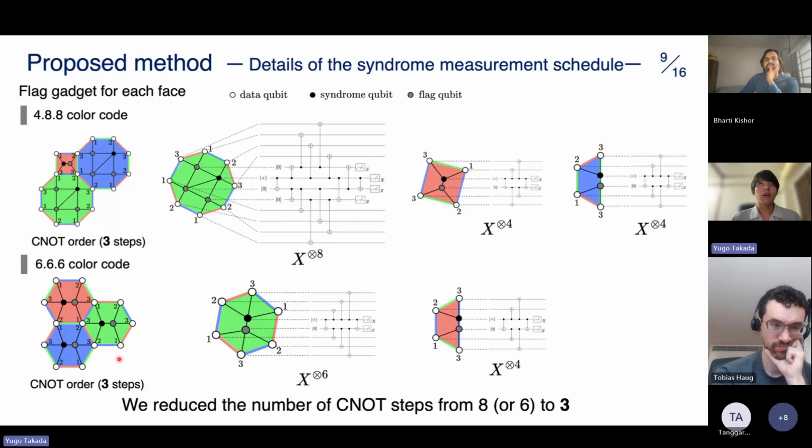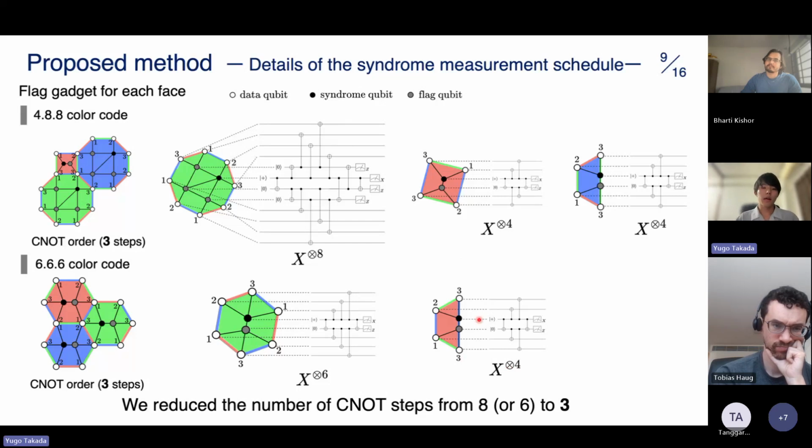In the case of the hexagonal color codes, 2-qubit flag gadgets are used at each face, where CNOT gates are applied to the 3 neighboring data qubits for the hexagonal faces, and applied to the 2 neighboring data qubits in the case of the trapezoidal faces.